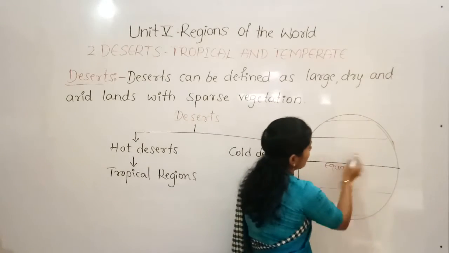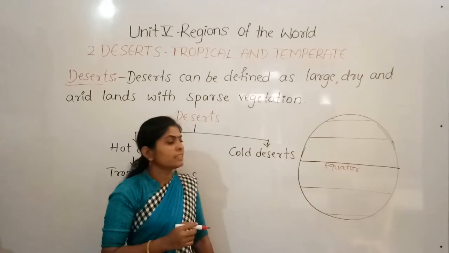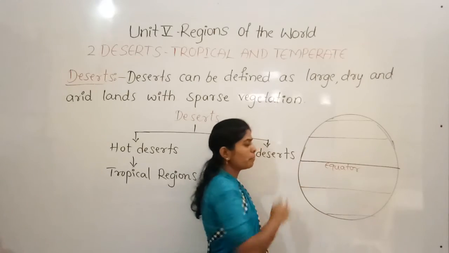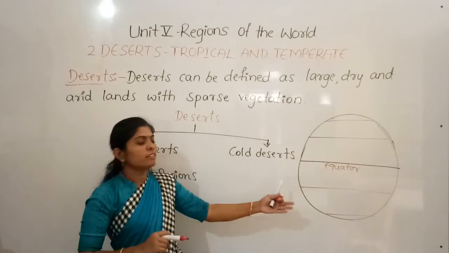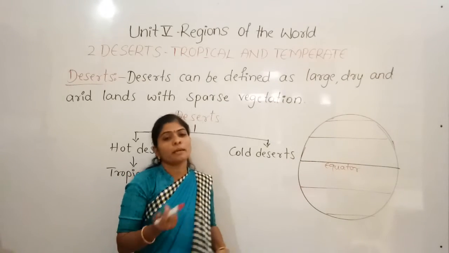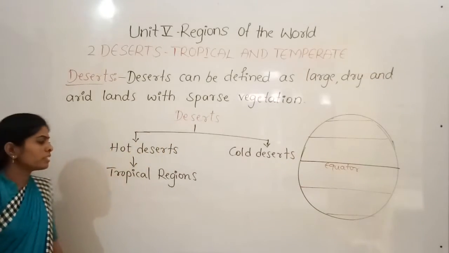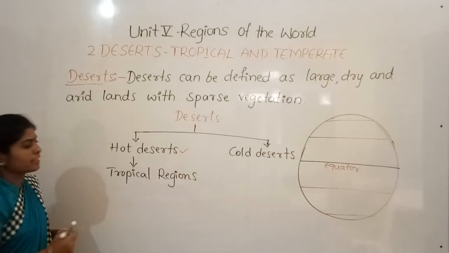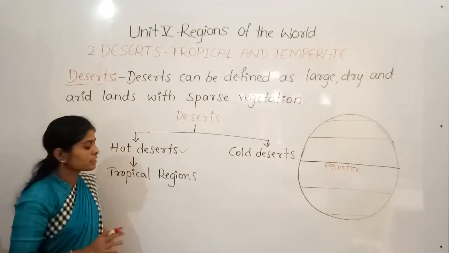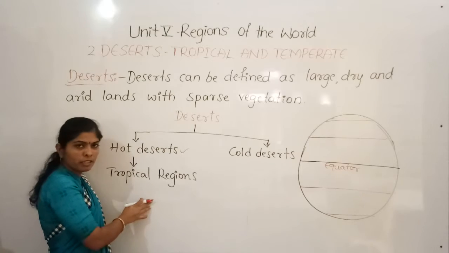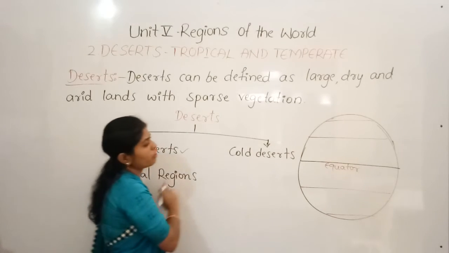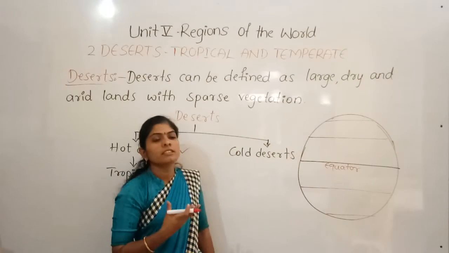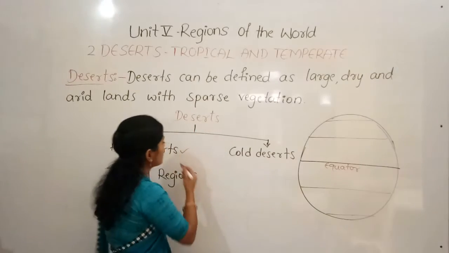Since they are in the middle, they get direct sunlight, so the temperature will be more. When the temperature is more, we call them hot deserts, right? Because of the location of these tropical regions near the equator, we get more temperature, and so the deserts are hot.